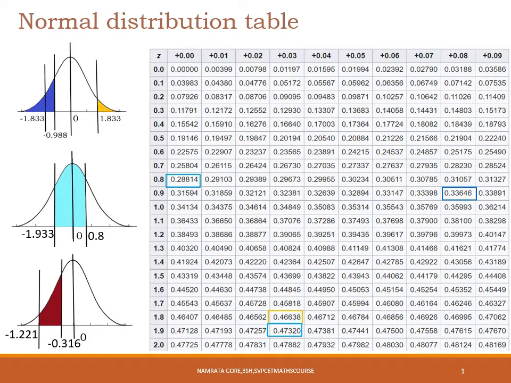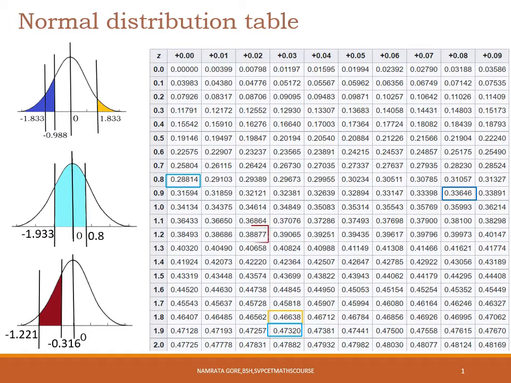So to get this area, we have to calculate the area between z equal to 0 and z equal to minus 1.221, this total area, minus the area between z equal to 0 and z equal to minus 0.316.